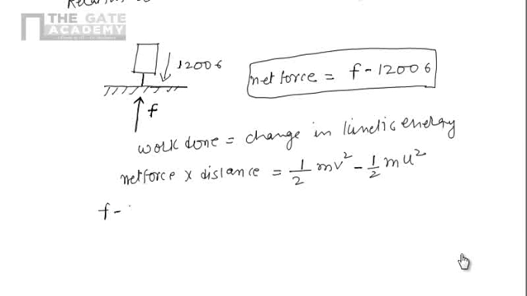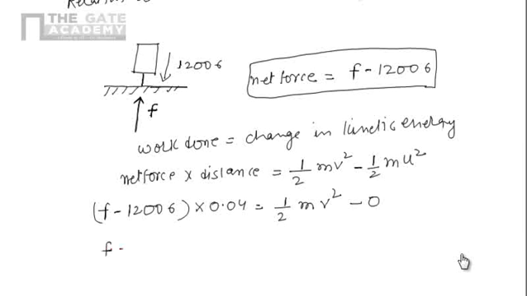The distance mentioned in the problem is 4 centimeter, so in meters it is 0.04. And we have 1 by 2 m v square minus 0 because initial kinetic energy is 0.